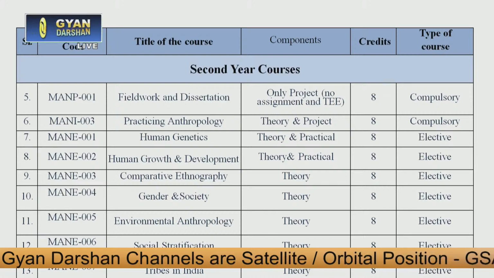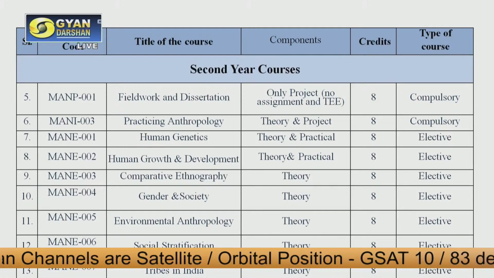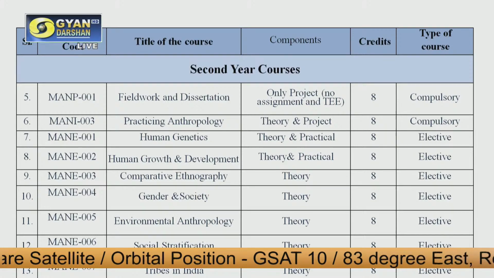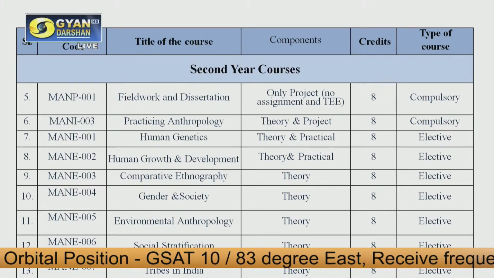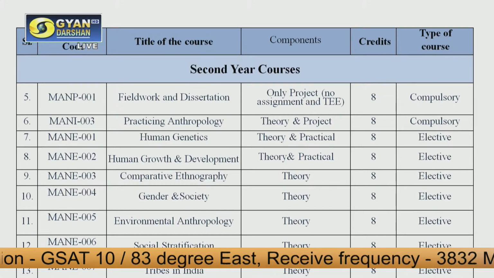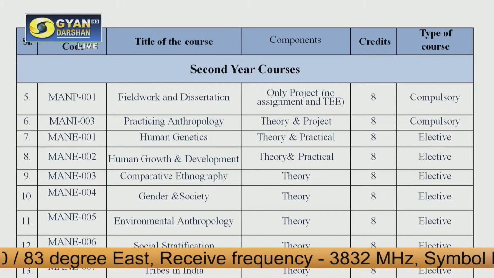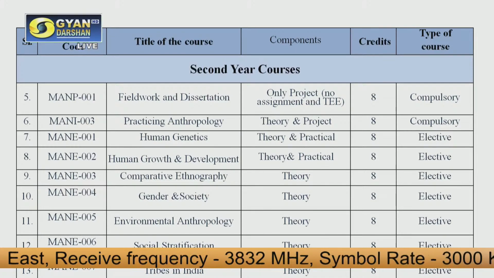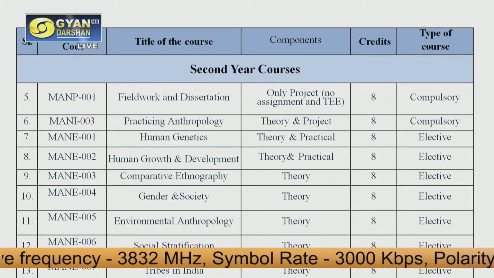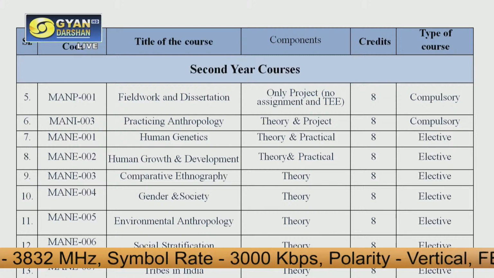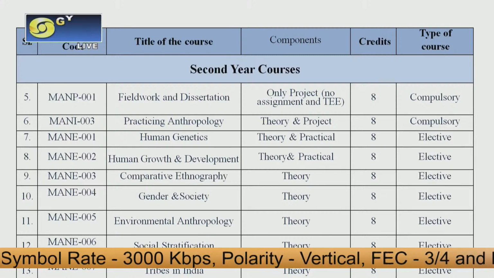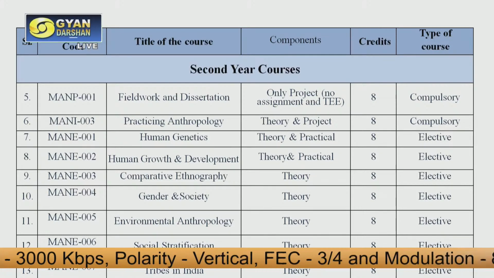Coming to the elective courses, the program offers 7 elective courses like human genetics, human growth and development, comparative ethnography, gender and society, environmental anthropology, social stratification, and tribes in India.